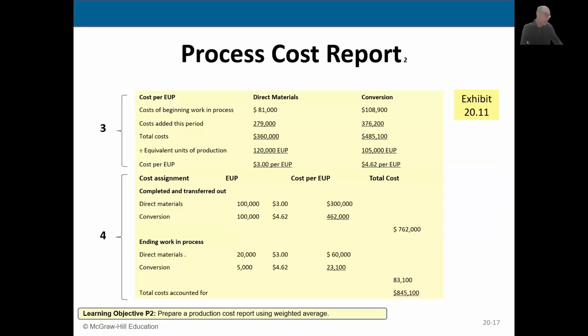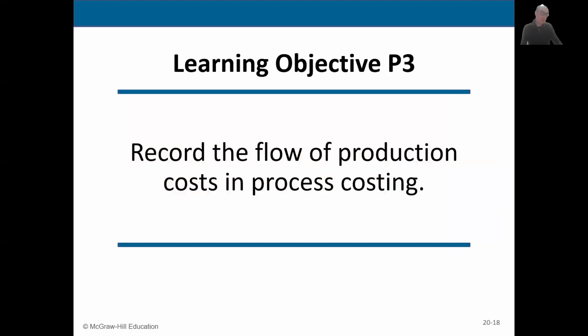So, yeah, that's the process. It's again very important that you work hard to understand equivalent units of production. So again, everything comes back to the physical flow. The physical flow for process costing follows the physical flow.